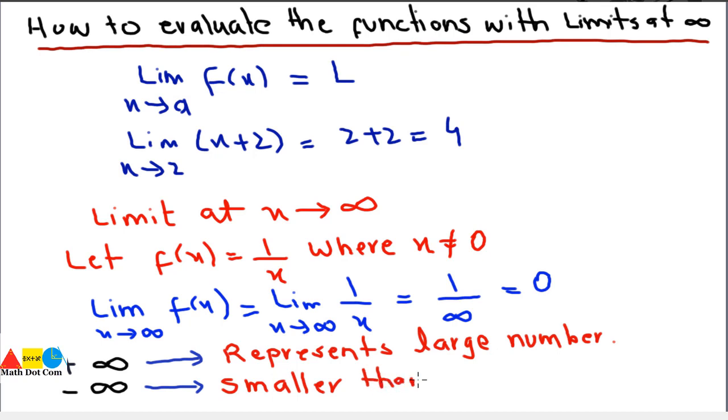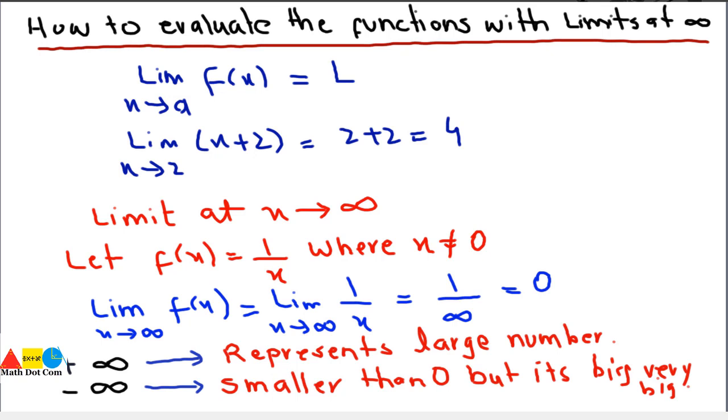It is smaller than 0, but it's big, very big. So keep this in mind that minus infinity does not mean a very small value. It means you are going to a very large infinite value that you don't know.